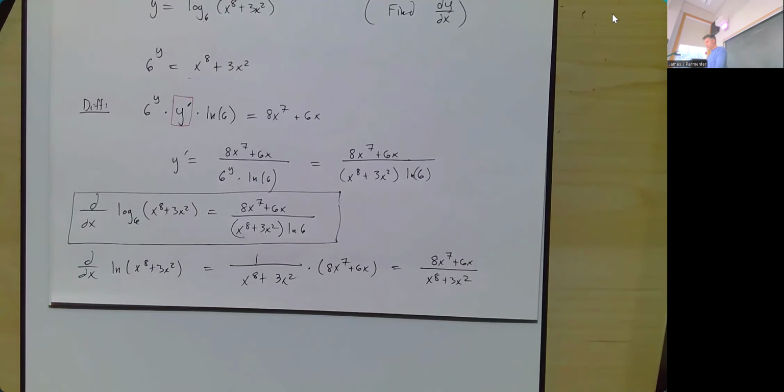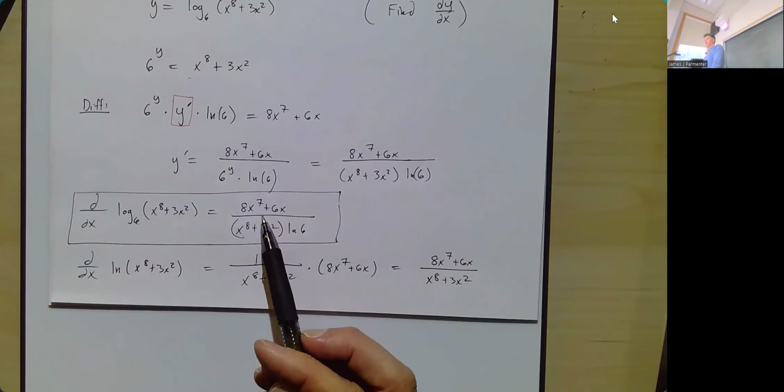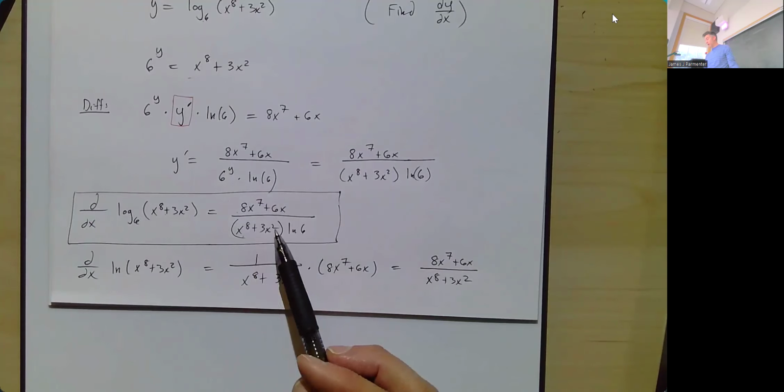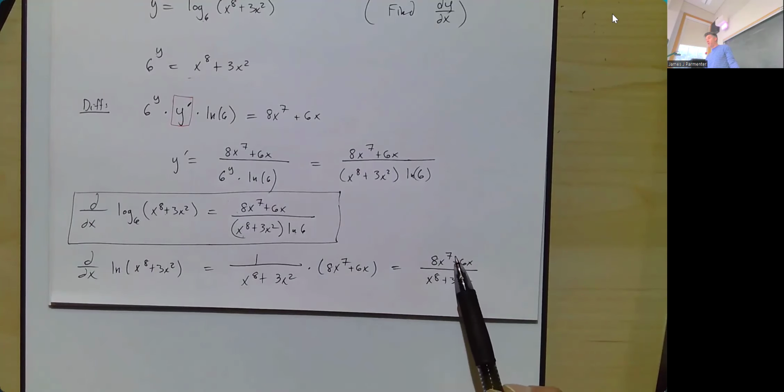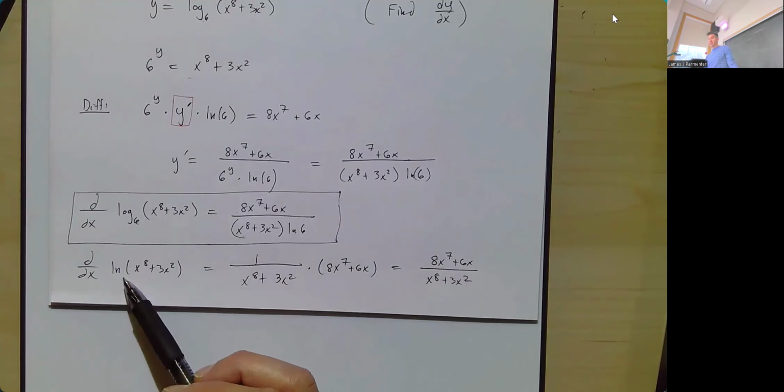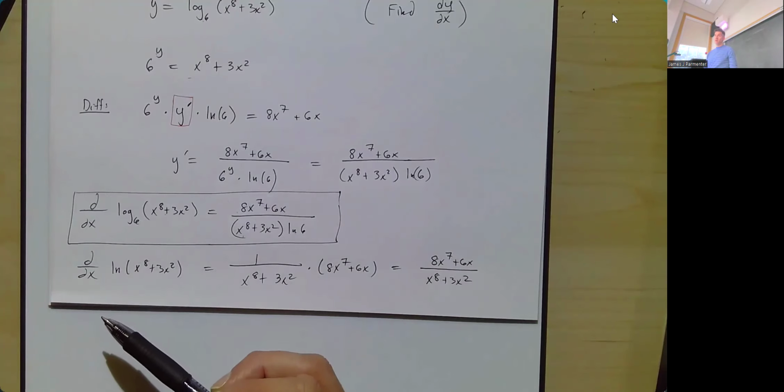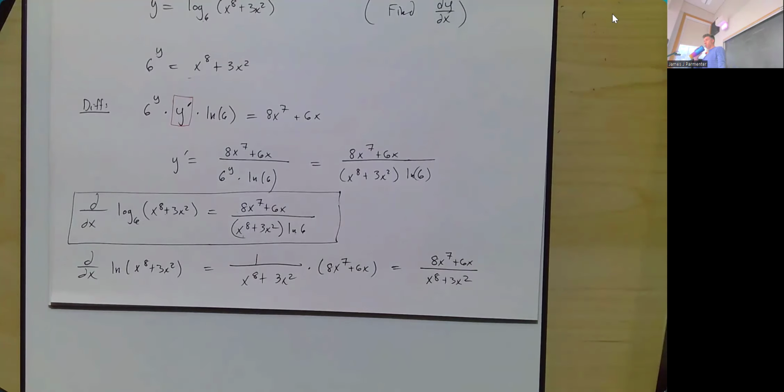The only difference between this one here and this one here is that in the first one, I have an additional division by the natural log of 6. I don't have that here, although I could write in an additional division by the natural log of my base, and my base is e. So natural log of e is 1. So really, same idea. It's kind of a weird formula, I'm not going to lie.